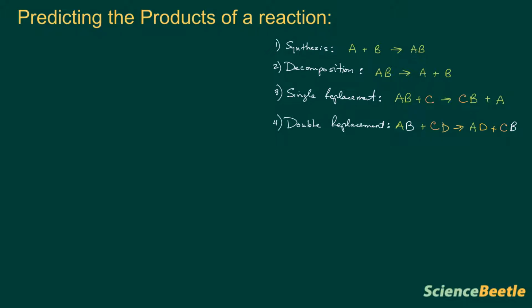Well, the way we predict is if we have some compound, let's say we have an A and then a B, but let's be a little more specific and put something in here, something like NaCl. If you want to make the box here, you can definitely do that. Notice the first part's positive and the second is negative.